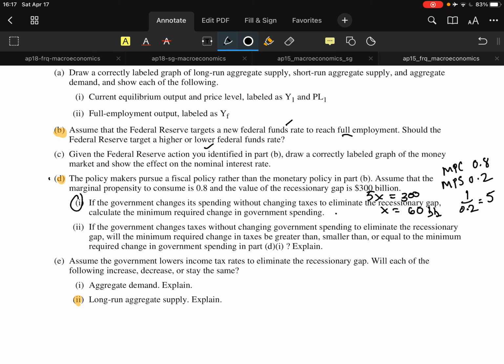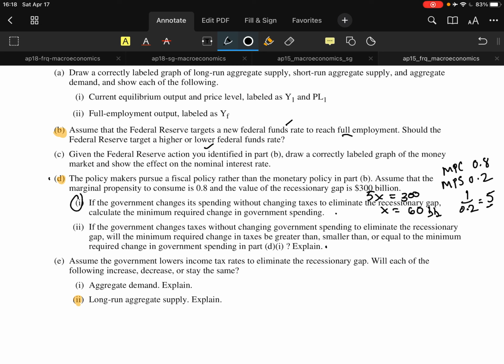Now, the taxes. They're asking, if they decide to do something with taxes instead of government spending, how can they also close the recessionary gap? Despite it saying explain, you don't have to do the numerical calculation. You do need to remember that the tax multiplier is smaller than the spending multiplier, and you do need to provide evidence of that. So actually calculate the tax multiplier and compare it to the spending multiplier.